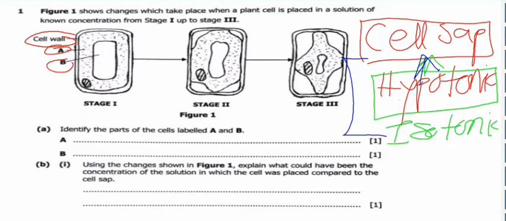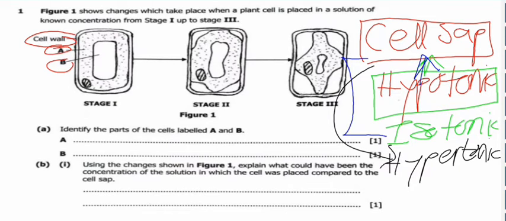And then the last one, we have hypertonic solution. Hyper means higher. So a hypertonic solution is the solution whose concentration is higher than that of the cell sap, which means the water molecules are going to move from the cell sap, or from the cell, into the hypertonic solution.